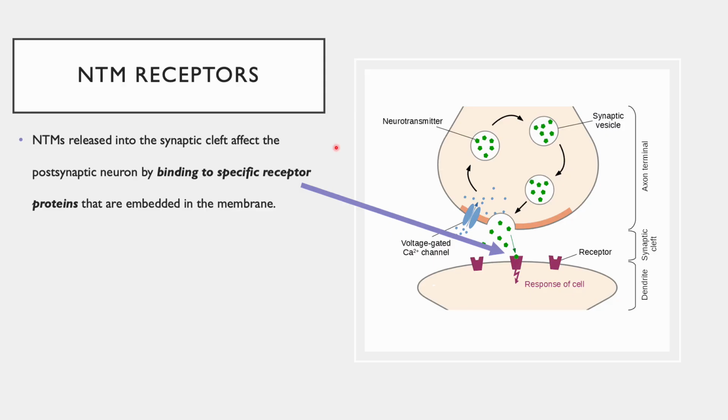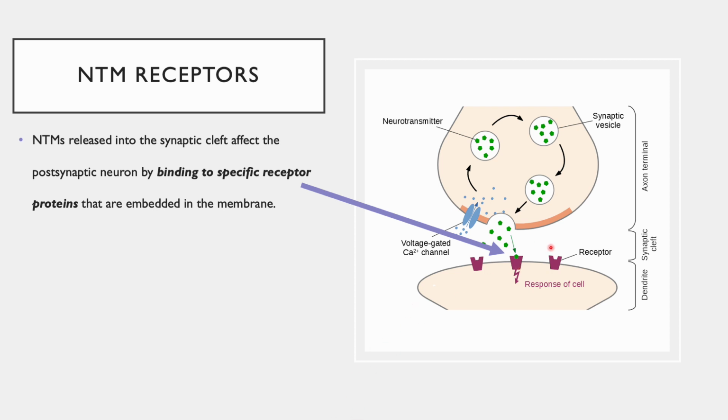Based on what we've learned about chemical synaptic transmission, we know that neurotransmitters that are released by synaptic vesicles in the presynaptic neuron can enter the synaptic cleft, or the gap in between the presynaptic neuron and the postsynaptic neuron. We know that these neurotransmitters can come and bind to ligand-gated ion channels, or receptors, on the postsynaptic neuron.